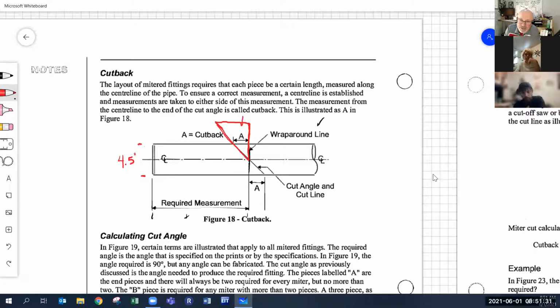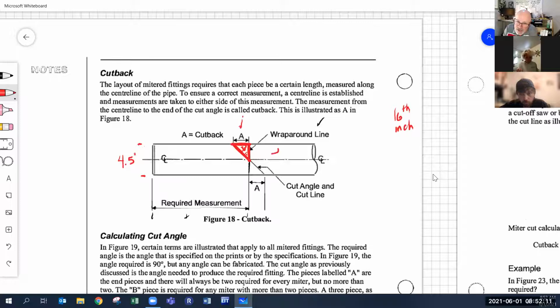And if I told you that this angle right here was 30 degrees, okay? Now you can see I have a triangle in here, a 30-degree angle, and that angle is right there. I want to know what my length of my cutback is to the nearest 16th of an inch. Can you guys figure that out?